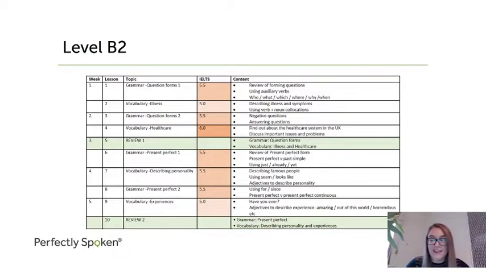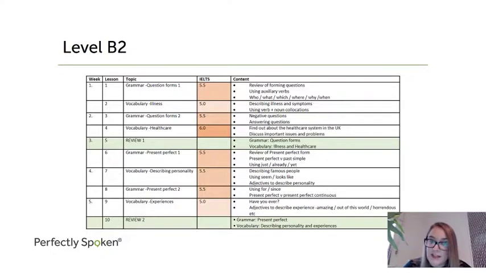Lesson 7 is a vocabulary lesson, a fun lesson, thinking about how we can describe people, not only their appearance, but also their personality. And we'll be practicing using he or she seems or he or she looks like. Okay, the second vocabulary lesson in this section is describing experiences.